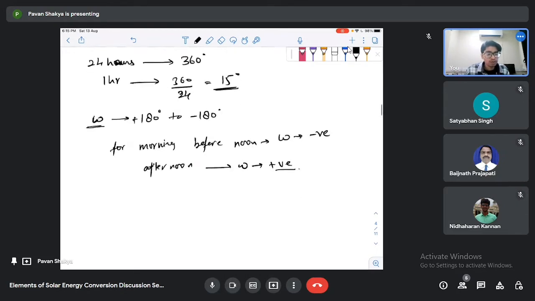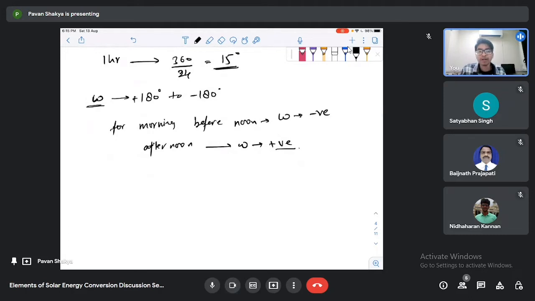So suppose we want to calculate the hour angle for a particular location, and the time is given as 3 p.m. Someone is asking what the hour angle will be for that location. For noon, we consider that omega is 0.